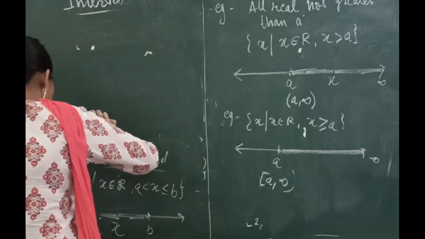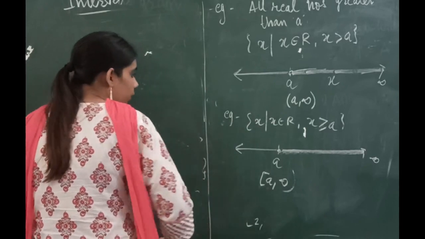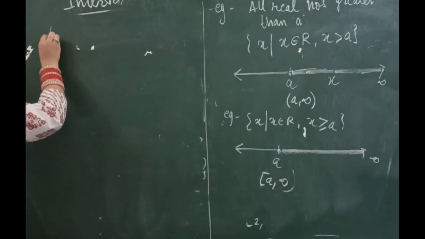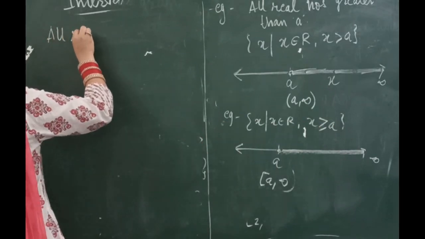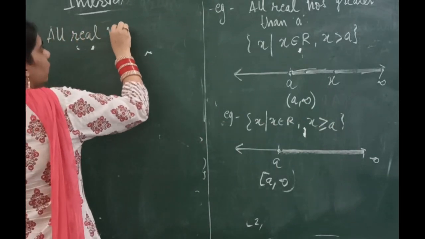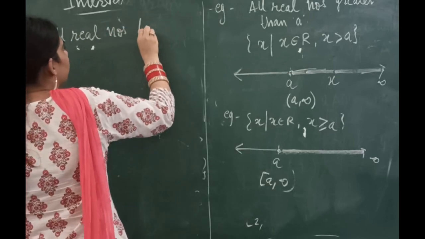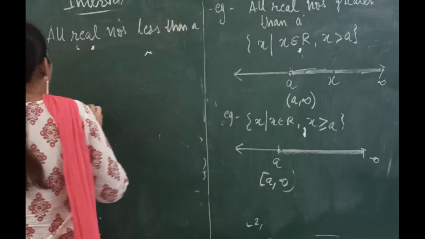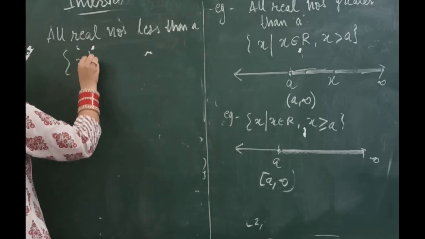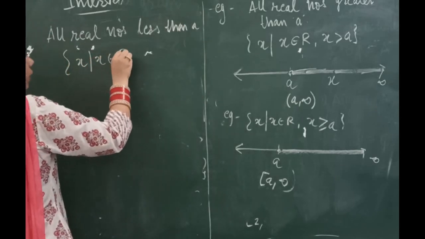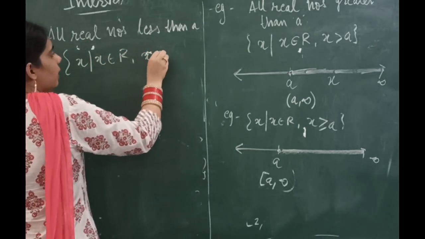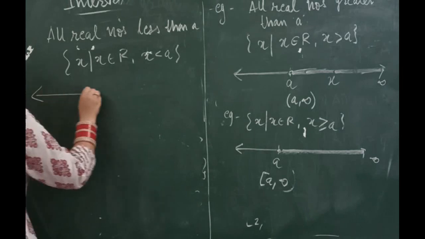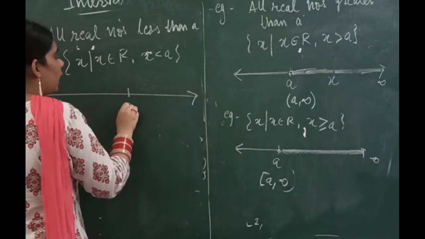Now let us just revise the concept of less than. So I am taking an example. All real numbers less than A. So here I will write X such that X belongs to real such that X is less than A. How will I represent?